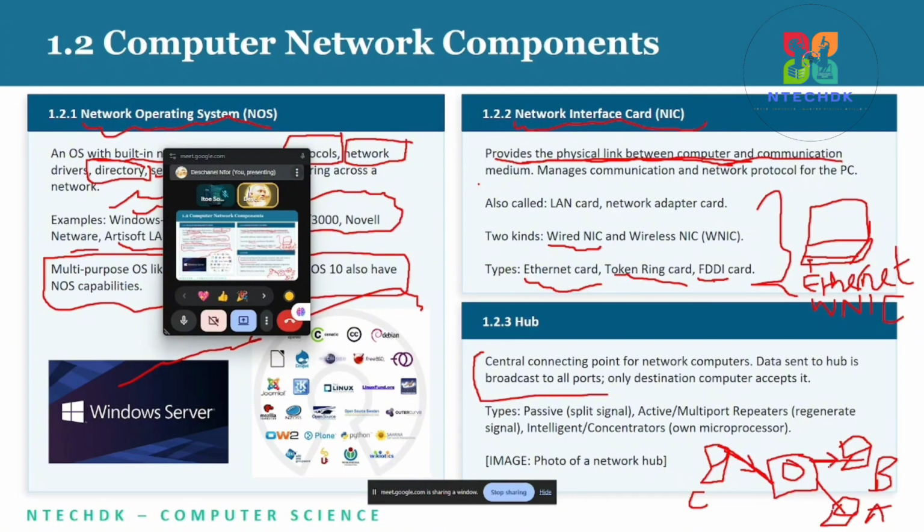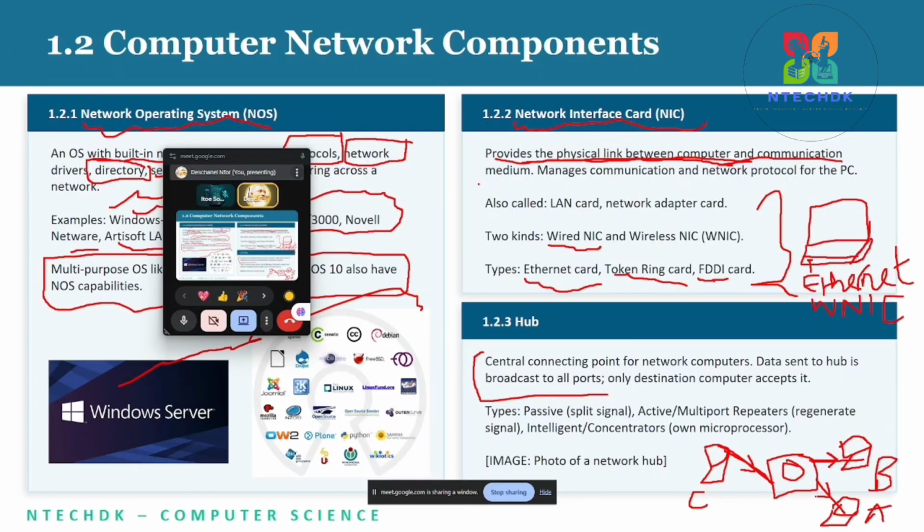To broadcast simply means to send to all other devices except the one that sent it. So I'm sending it to all other devices except C. C sent the data, right? So C will not receive it. When the hub receives it, it sends to B and A.